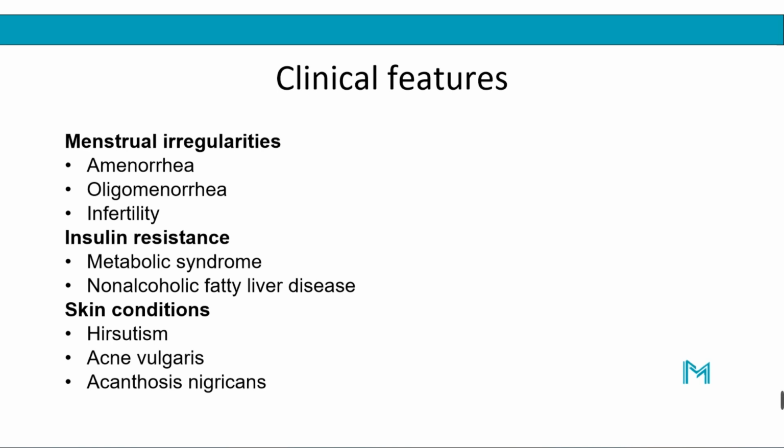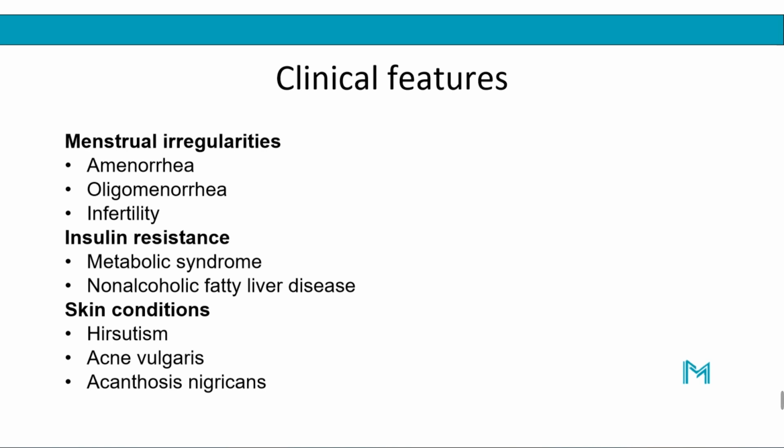For your menstrual irregularities, you're looking at amenorrhea. The amenorrhea here could either be primary amenorrhea or secondary amenorrhea. Primary, if the PCOS comes way earlier, prepubertal, and in this case, the patient will not have had even their first menses, so they'll be amenorrheic straight away.